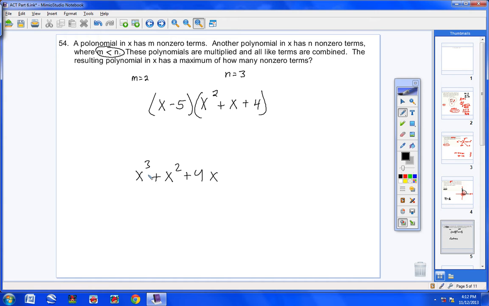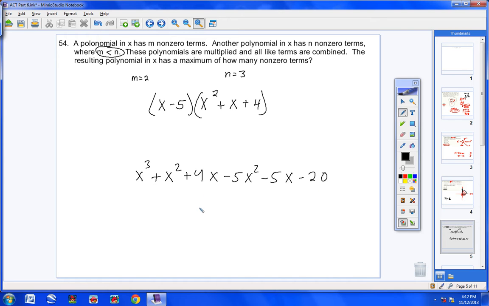X times x squared is x cubed, x times x is x squared, x times 4 is 4x. Then you take your negative 5 and you multiply it through the parentheses. So if I do that correctly, I'm going to have negative 5x squared, negative 5x, negative 20. Negative 5 times x squared, negative 5 times x, negative 5 times 4.